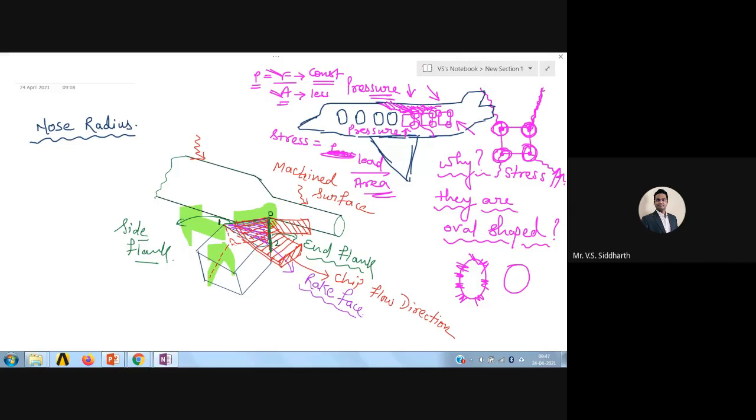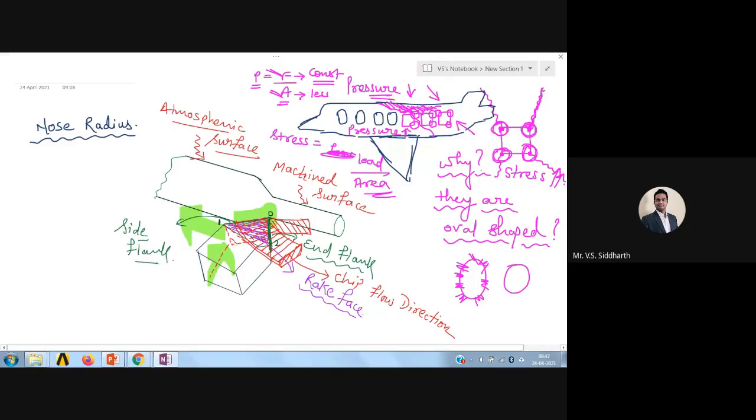We are only modifying or machining it. So you never call it unmachined surface. This is known as atmospheric surface. One is machined surface, another is atmospheric surface. Never say unmachined surface.